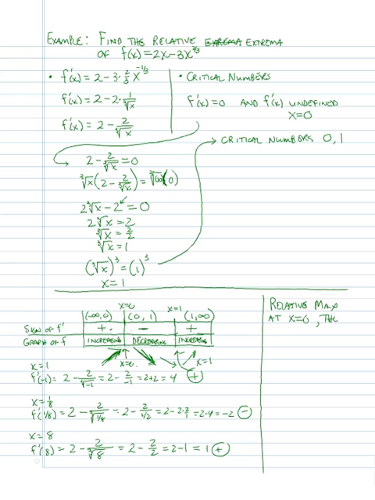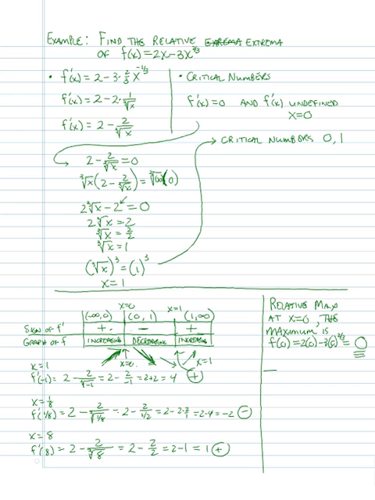The maximum is f of 0. And f of 0 is 2 times 0 minus 3 times 0 to the power 2/3. And since everything is 0 there, then f of 0 is 0. So the maximum is 0, and it happens when x is 0.